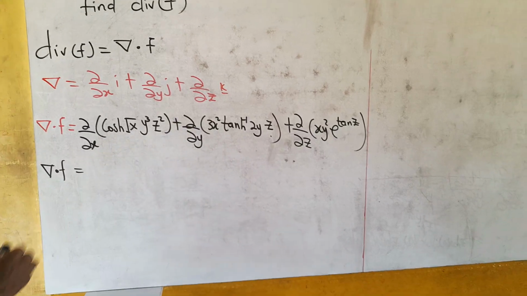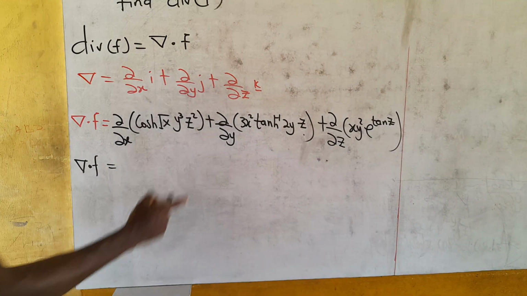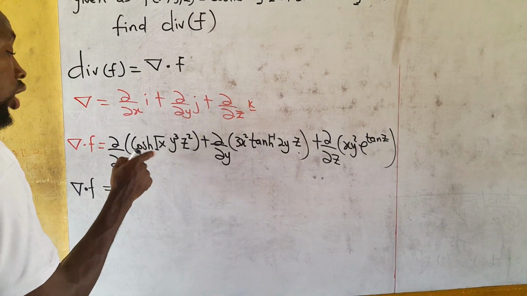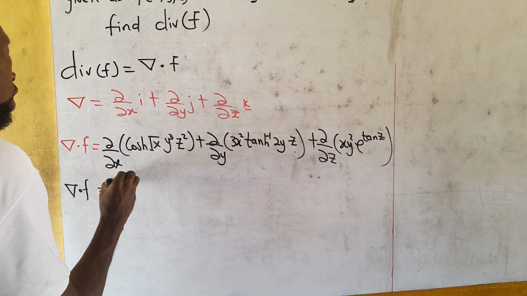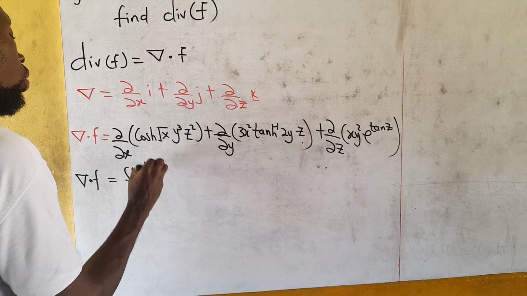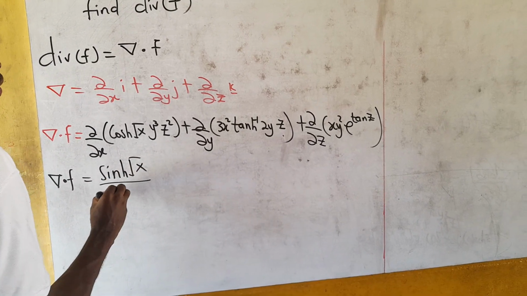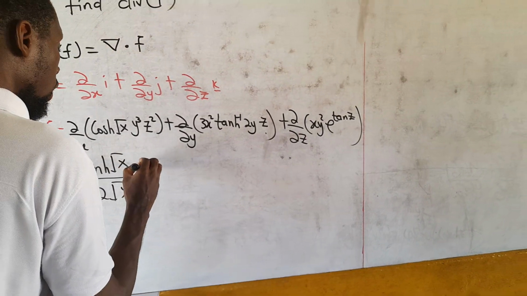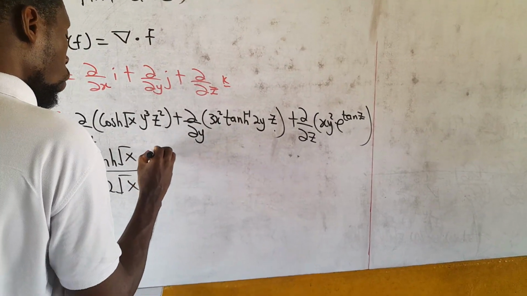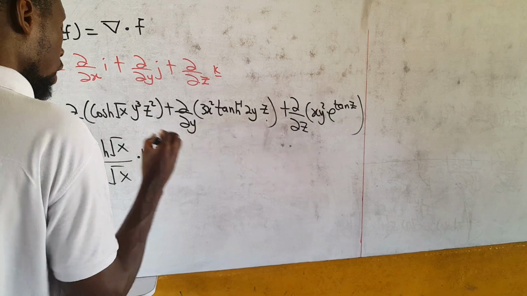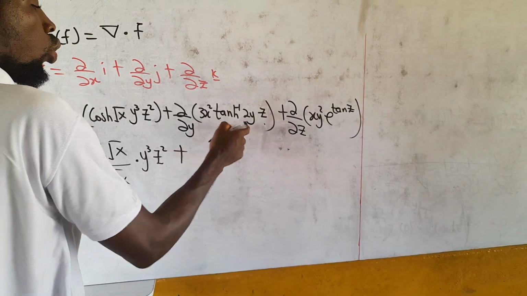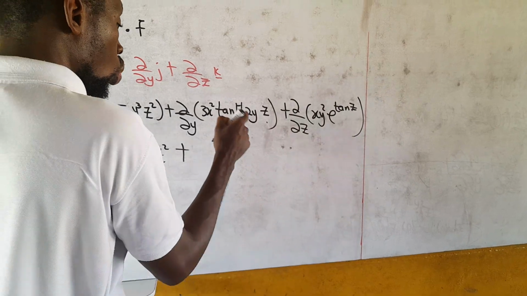So this will be equal to, now perform partial differentiation on this function with respect to x. If you differentiate this very well, you get sin root x over 2 root x, then times our y cube z square, then plus the differentiation of this with respect to y.